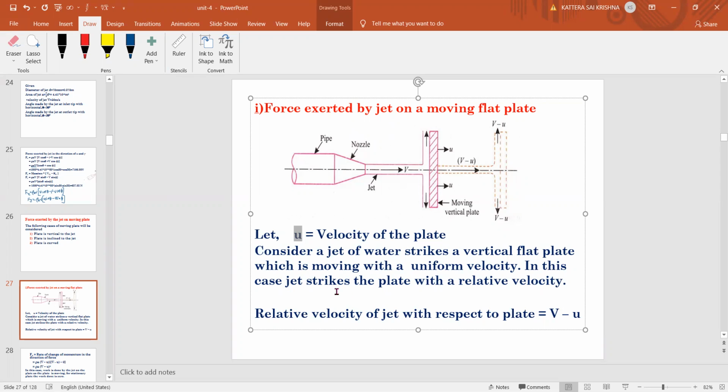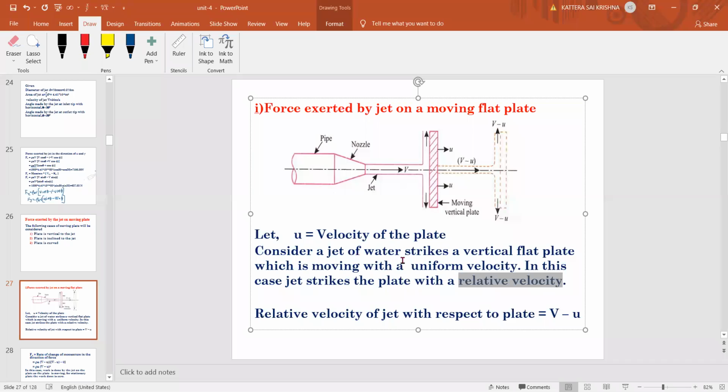In this case, the jet strikes the plate with a relative velocity, which is the difference of the velocity of the jet and the plate. So the relative velocity of the jet with respect to the plate is V minus u.